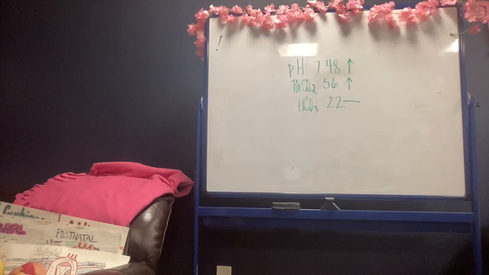Metabolic, they go in equal directions. So both of them are going up. That's equal, so it's metabolic. If they're going in opposite directions, it's respiratory. If they're both going in the same direction, then it's metabolic.